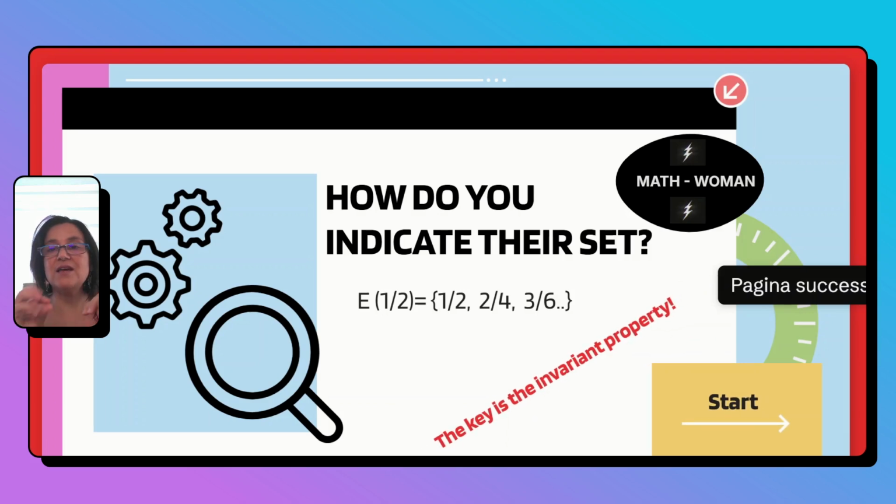In the brackets, I have to put the fraction written with the smallest numbers possible. And then after the equal sign, in other brackets, I put all my equivalent fractions separated by commas. If we can multiply numerator and denominator by the same number, we can also divide numerator and denominator by the same number. In this way, we get the simplest equivalent fraction.